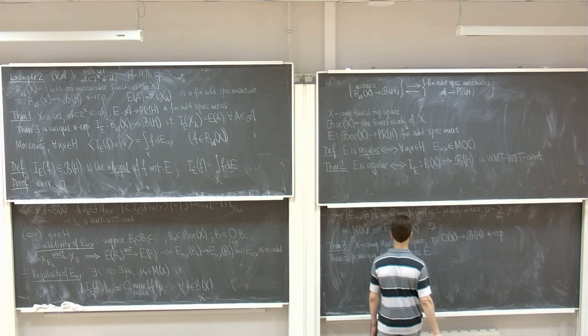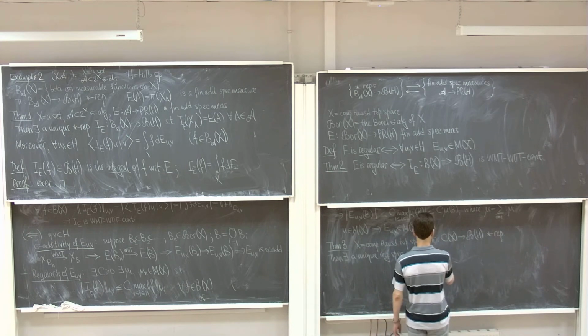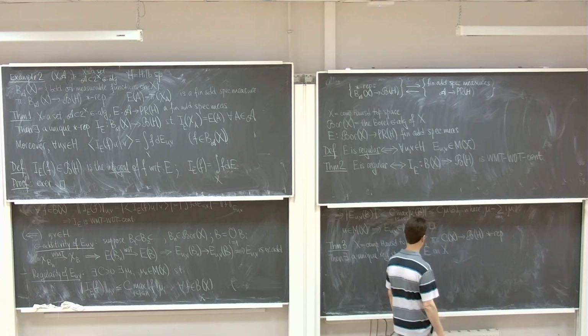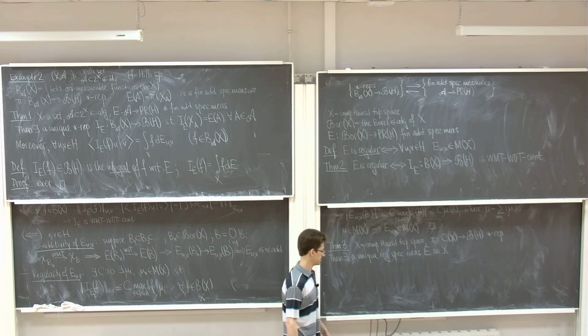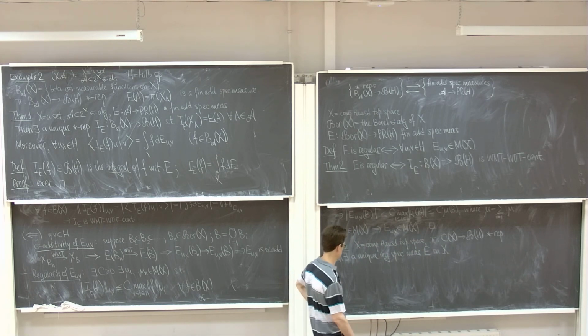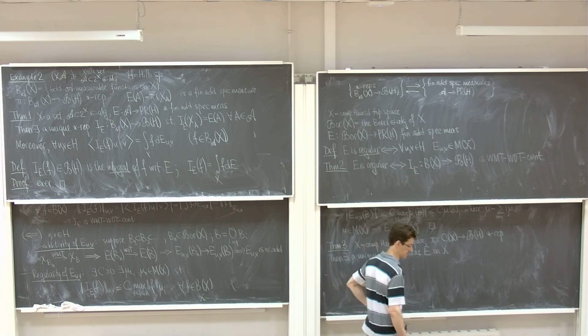E on X. As usual, I say that E is a measure on X, meaning that E is defined on the Borel sigma algebra. This is a standard abuse of language, but usually it doesn't lead to any confusion.